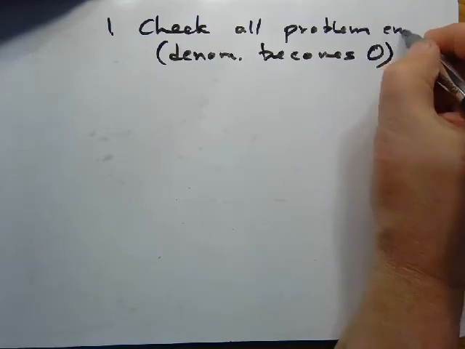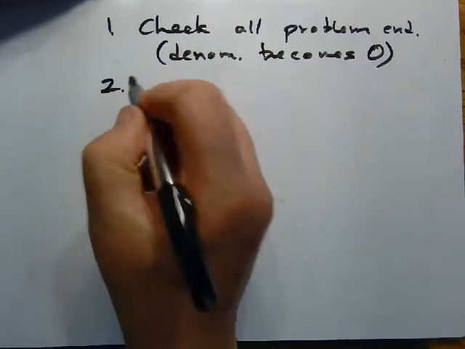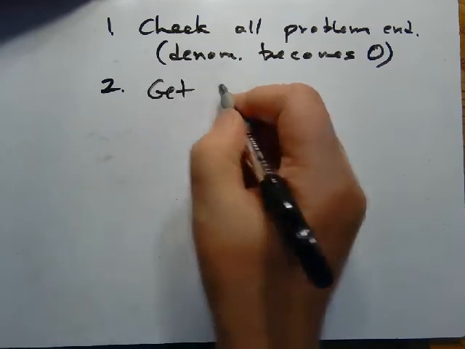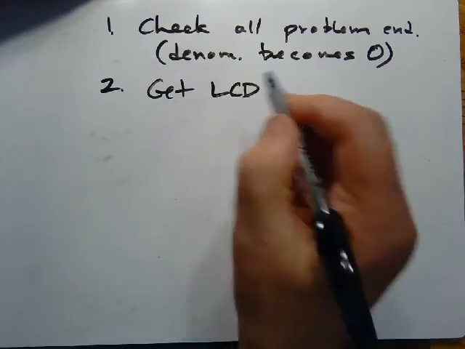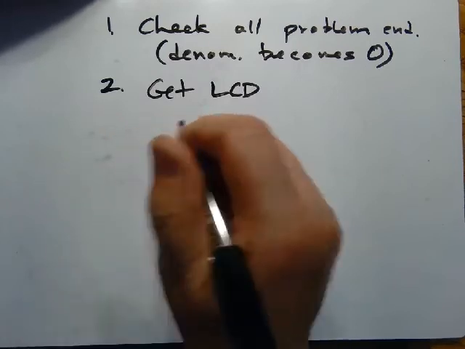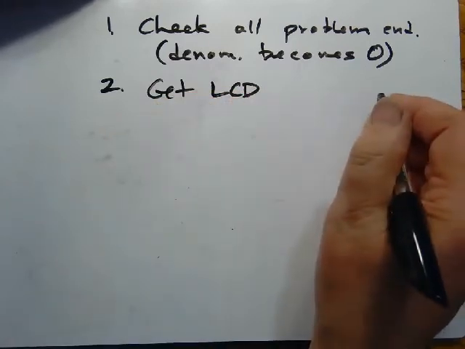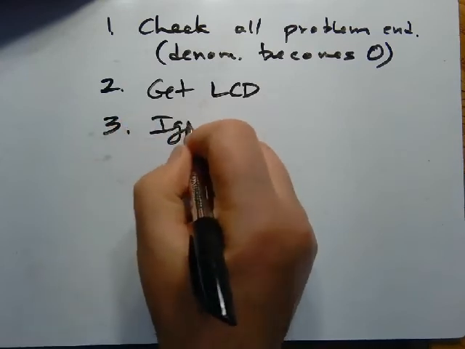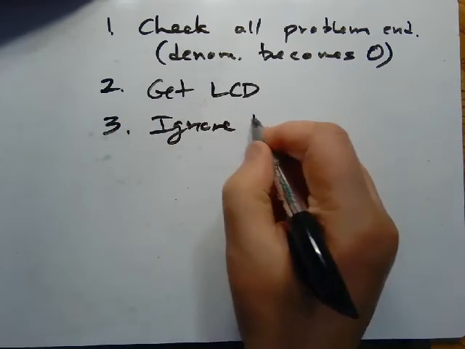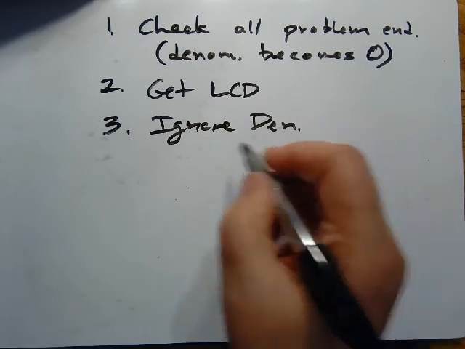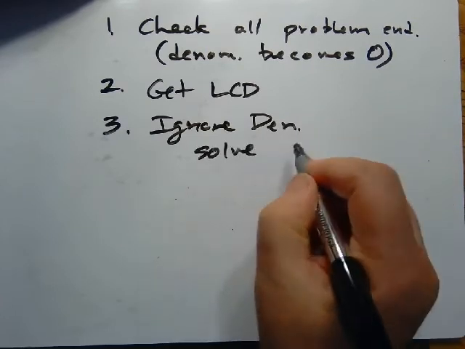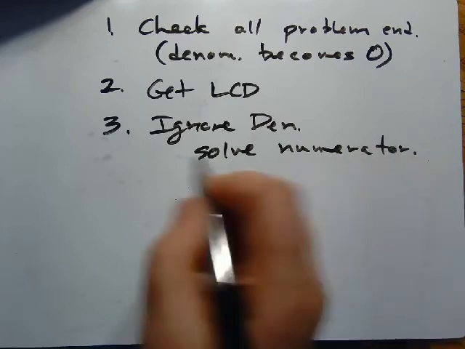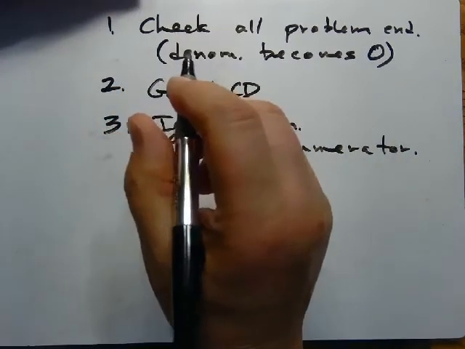Number 2, your goal is to try to get a lowest common denominator, and once the denominators are all the same, you can ignore the denominators and solve the numerator only. Don't forget to check those problems at the end.